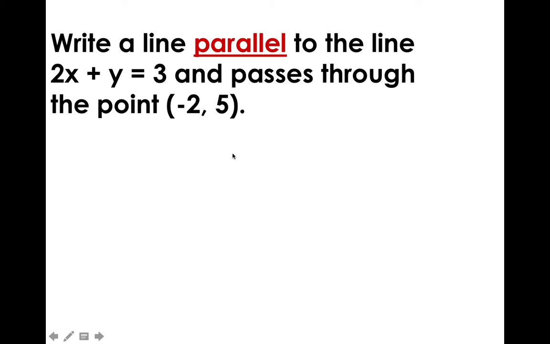The first thing we need to do is look at what the directions tell us. First of all, is our equation solved for y? No, it's not. So the first thing we do is solve this for y. I would take this 2x plus y equals 3, and remember the steps I just told you.